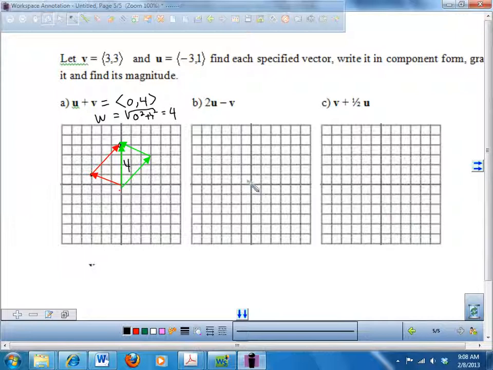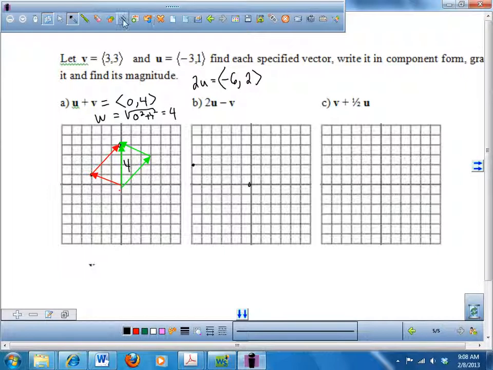So 2u minus v, I would go back 2 u's. 2u is equal to minus 6, 2, right? So I'd go back 6, 1, 2, 3, 4, 5, 6, and up 2. And there's 2u.